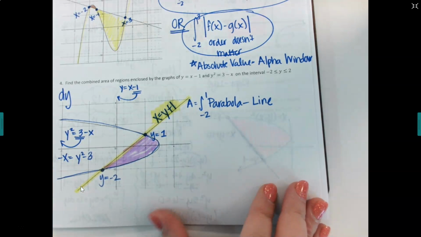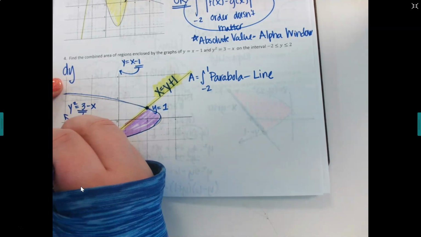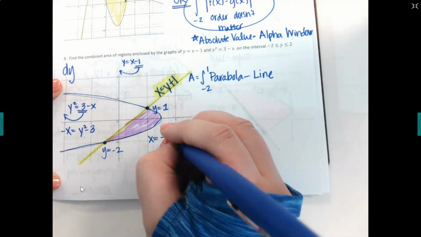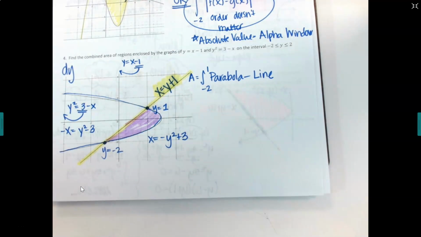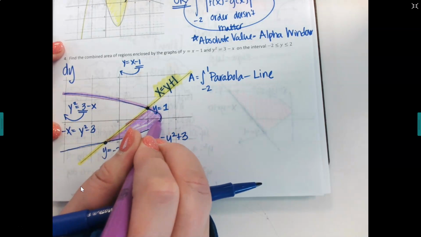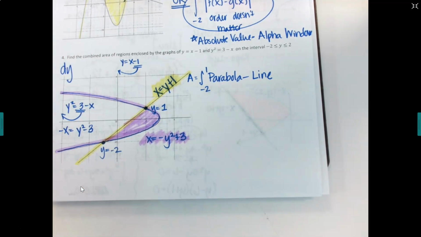Are we good so far? And then I'm going to change all the signs to where x equals, yes, negative y squared and then a plus 3. And that would be for this line right here. Now, I want you to think for a second, does that make sense if I'm looking at this graph? Yeah, the negative means it opens to the left, and then the plus 3 shifted it over to 3 on the x-axis.